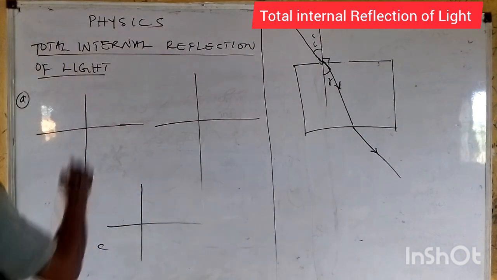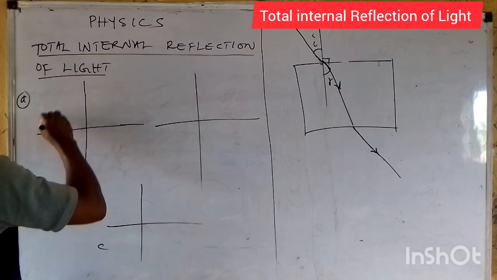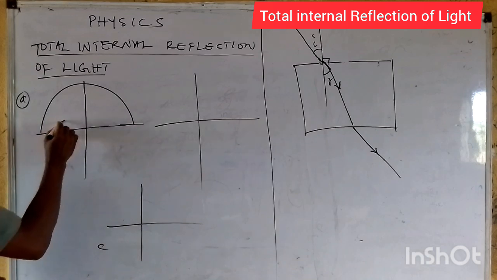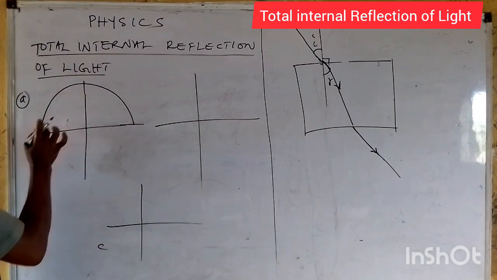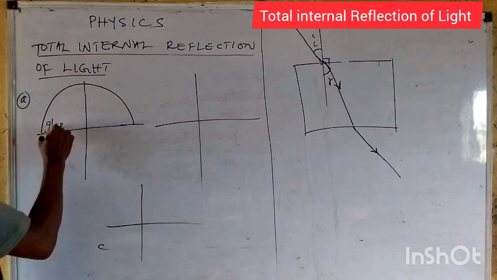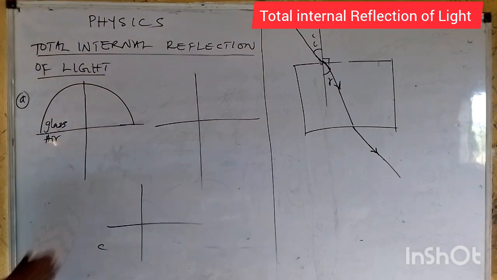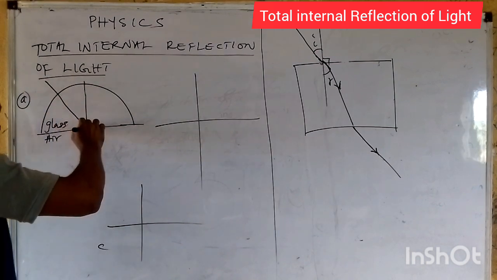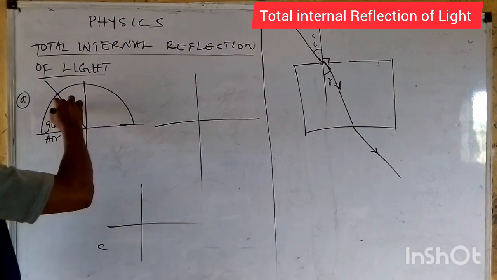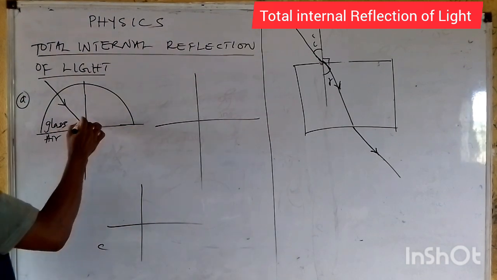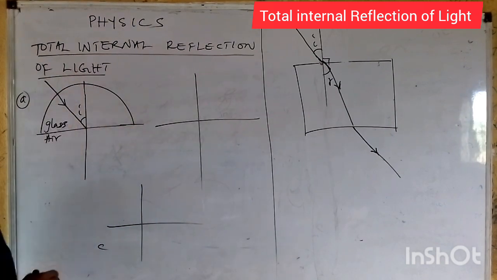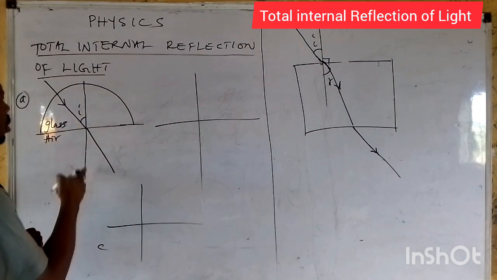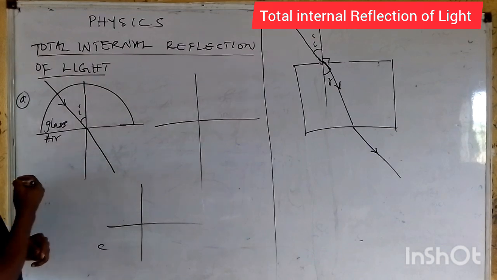Now, if this is a prism, we have this point as glass, and we have here as air. Now, if we incident light at this angle, this is the angle of incidence here, this light will refract away from the normal.